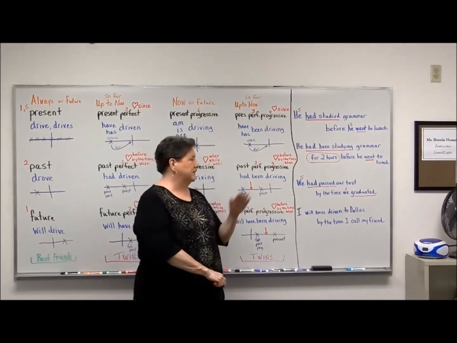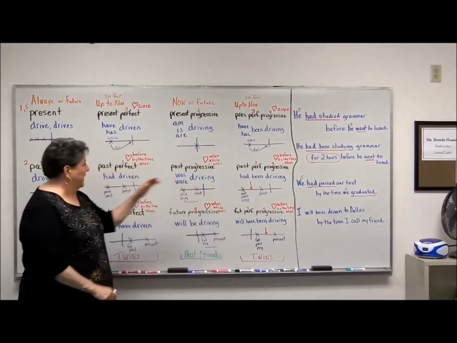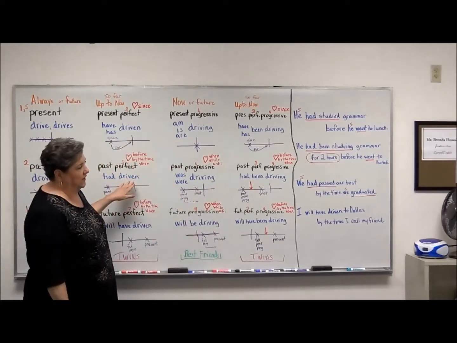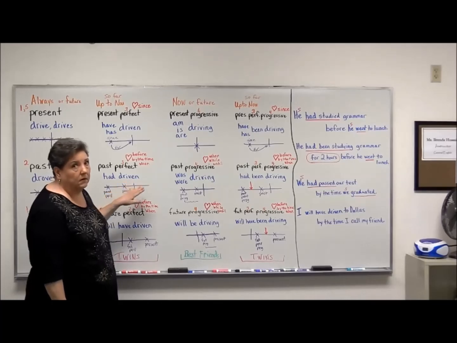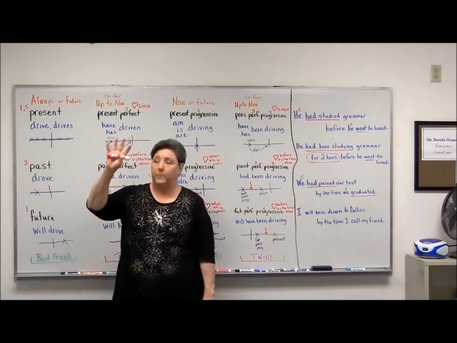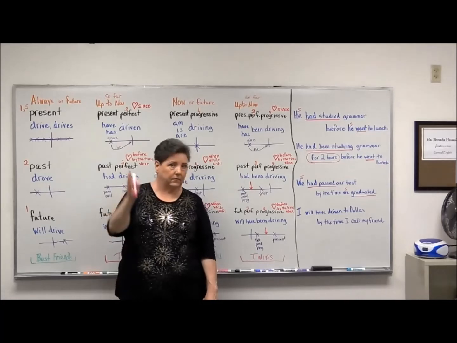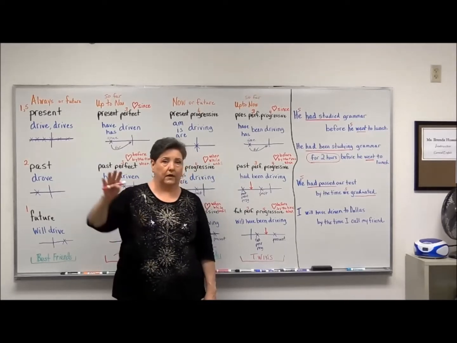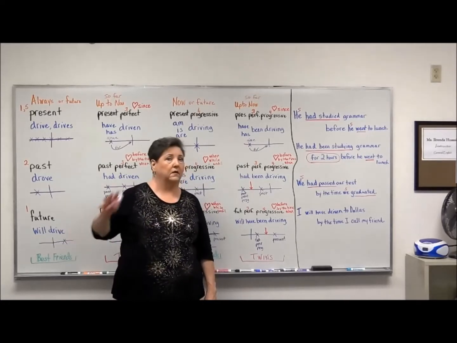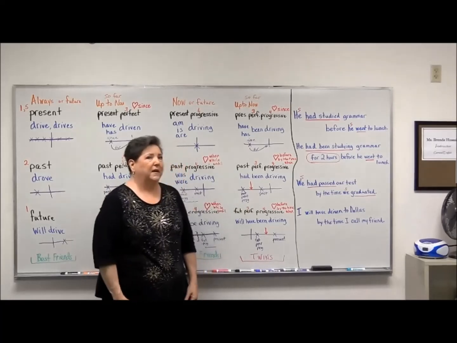Can I move this to the twin? That's written with this tense. We had passed our test by the time we graduated. What happened first? We passed our test, and then we graduated. Okay, the first action is done, and then the second action.